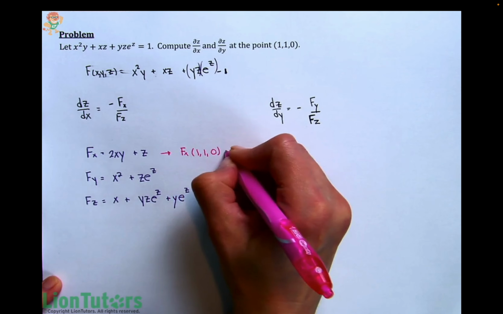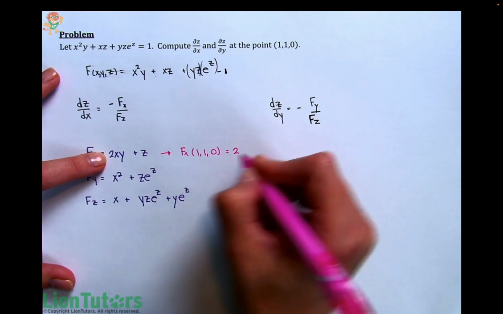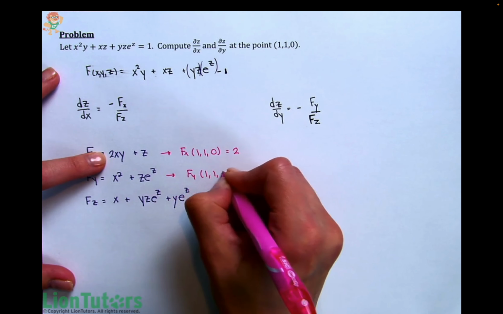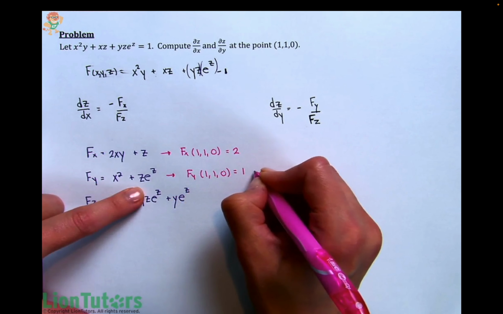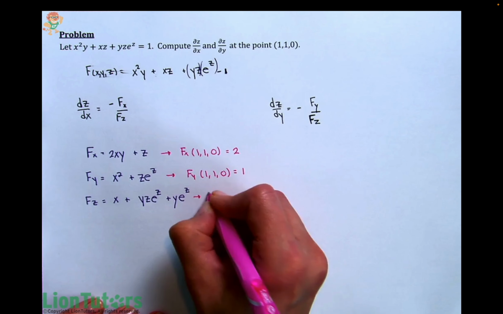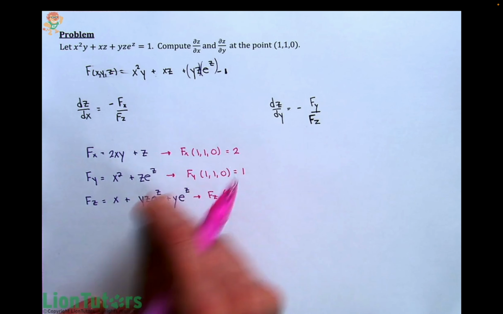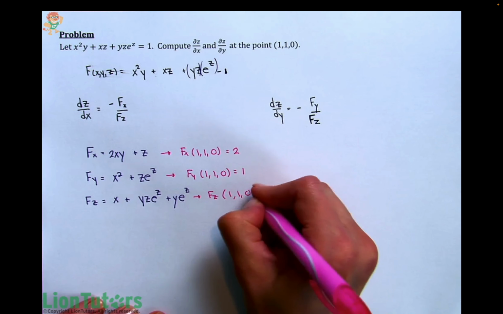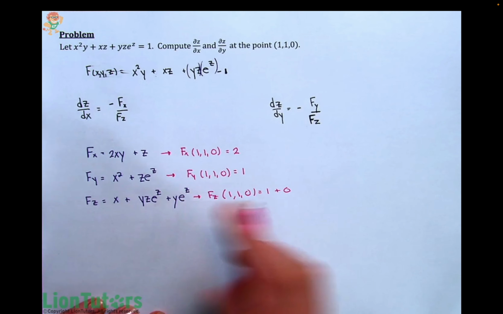So if we plug in a 1 for x and y and 0 for z, that'll give us 2. That will give us 1 plus 0, which would just be 1. And this would give us a 1. That would be 0. That would be 1 times e to the 0, which is 1.